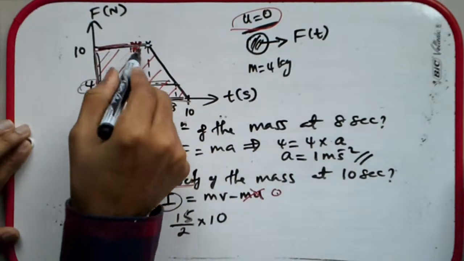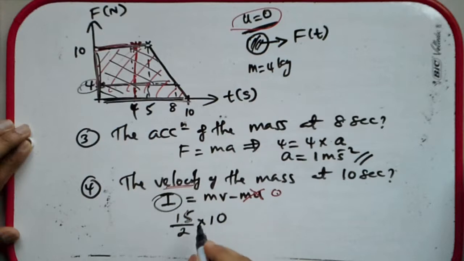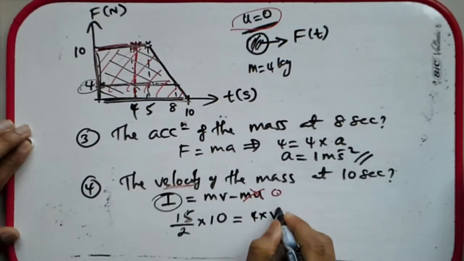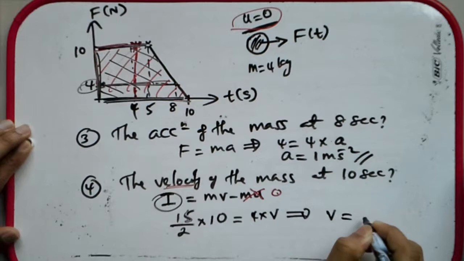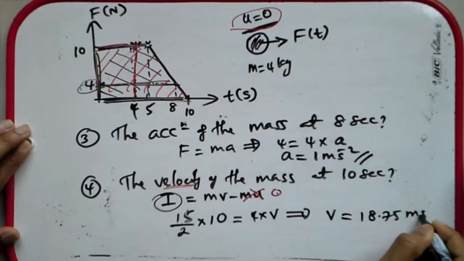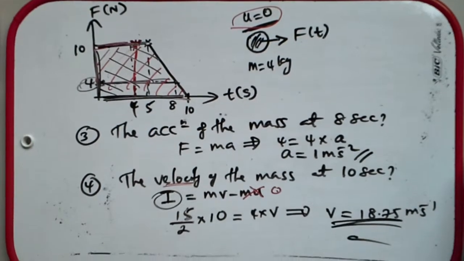I explained this in the first video. The area gives you the impulse. So 15 divided by 2 times 10 should be equal to 4 times v, the mass times velocity. So from here you can obtain v is equal to 18.75 m s^-1. I hope you got the idea.